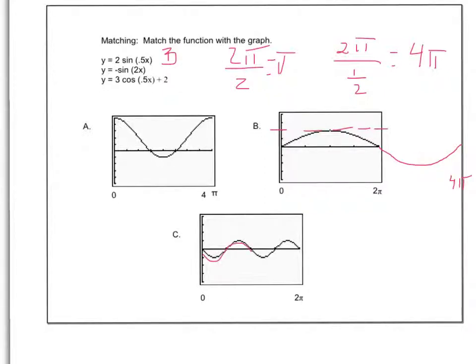And you can see that we've got 2 sine curves here, and then because of the negative in front, it is flipped over the x-axis. So C would be the second one, which leaves A to be the third one. We've got a stretch of 3 vertically, and then plus 2 means we moved it vertically up 2, and then the period is 4 pi.